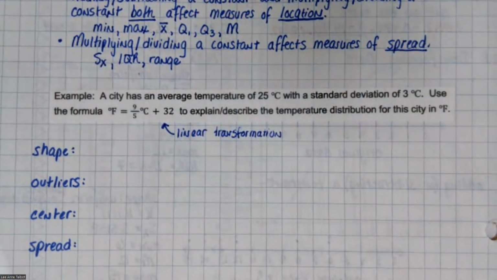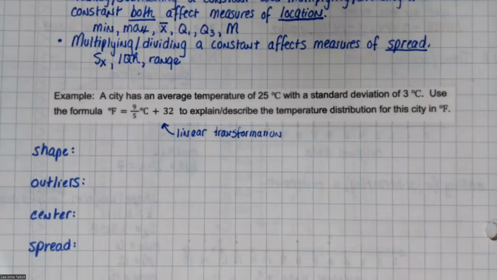Can anyone tell me an intelligent reason why this would be called a linear transformation? Think back to math. What do you know about line equations? It's been a minute.